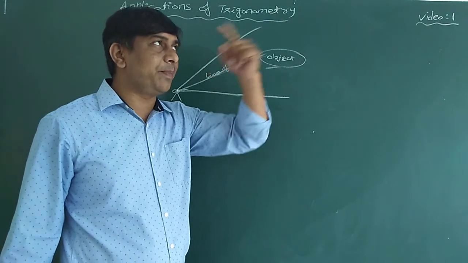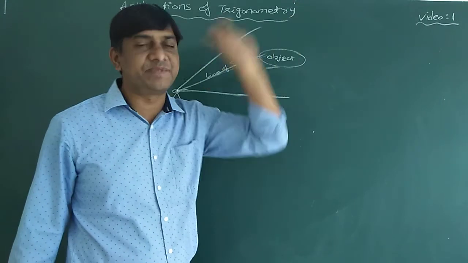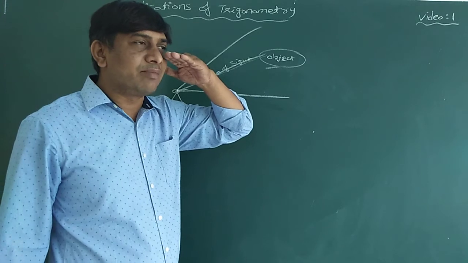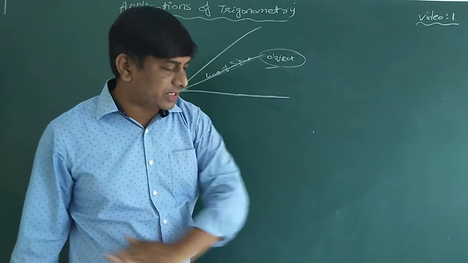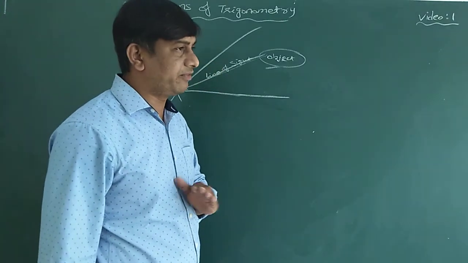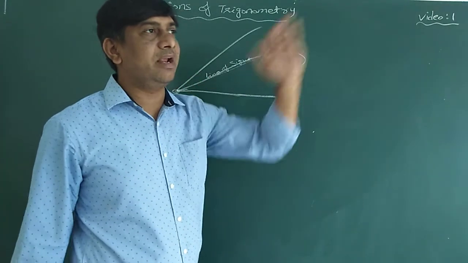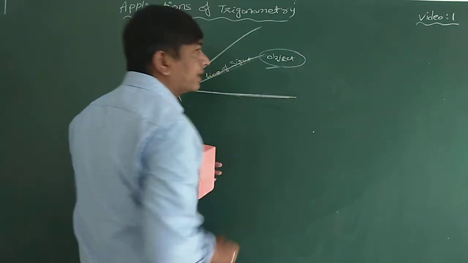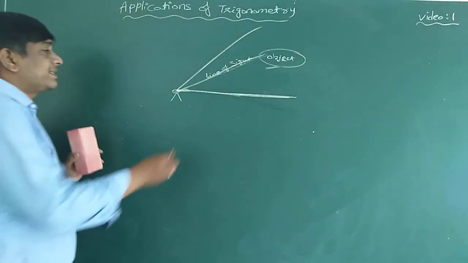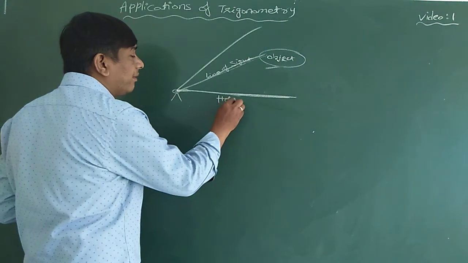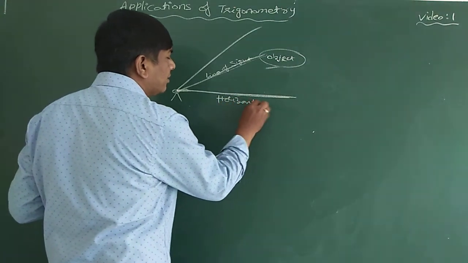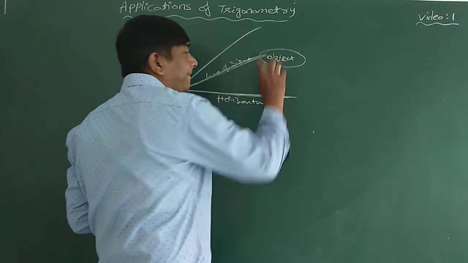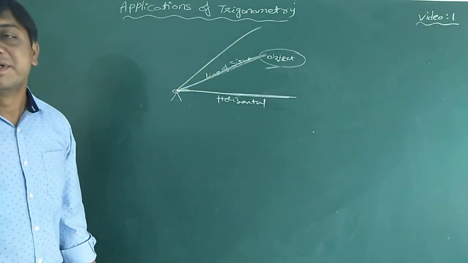One ray passes from the eye to the object, and one more ray is parallel to the ground level where I stood. This parallel ray is the horizontal line, and the other is the line of sight.